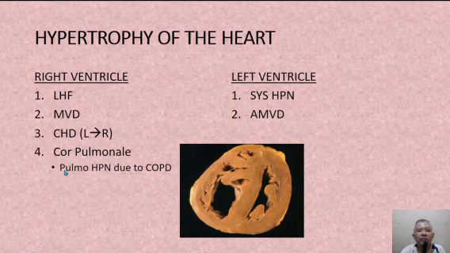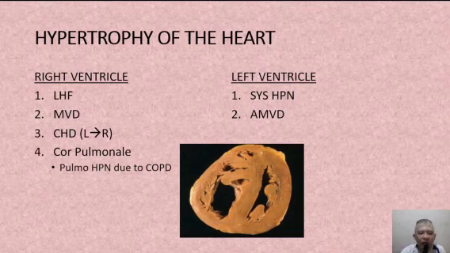It's due to pulmonary hypertension due to COPD or any other problem in the lungs, be it in the lung parenchyma or in the pulmonary circulation, that will ultimately lead to pulmonary hypertension, will lead to cor pulmonale, isolated right-sided heart failure.